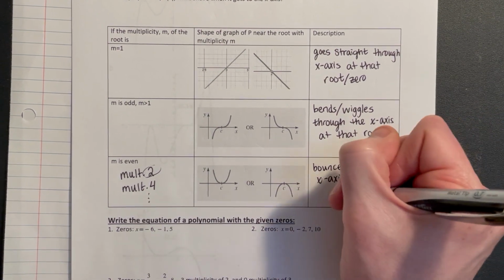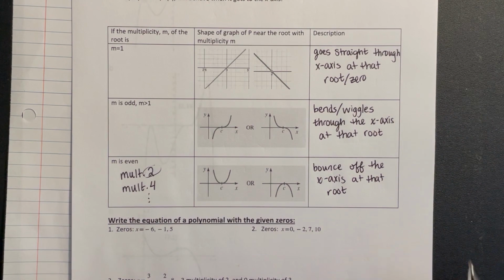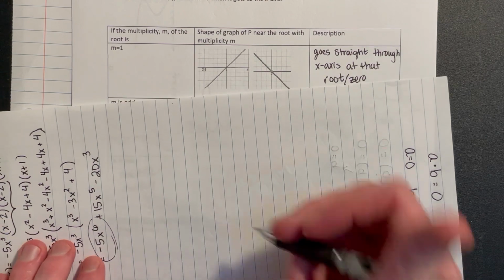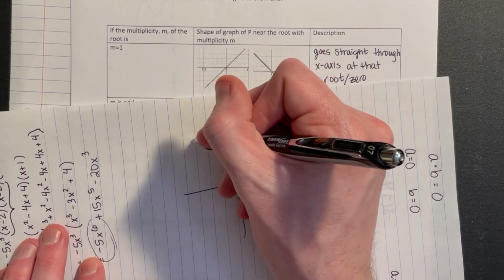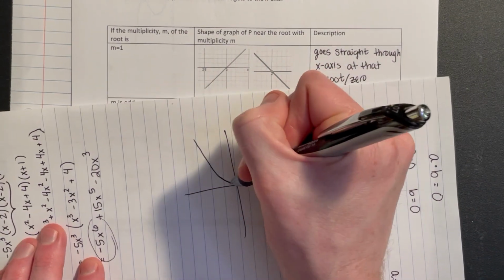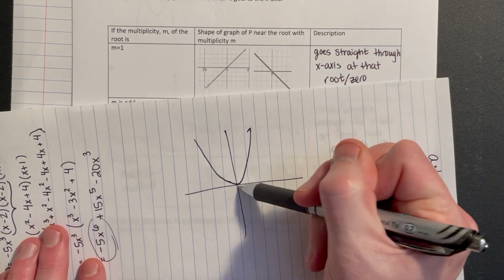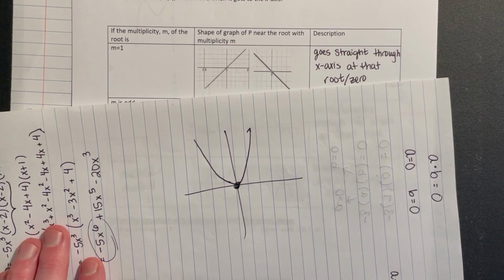Just like a quadratic function does, the parent function of a quadratic would bounce off the x-axis automatically. So we know this quadratic hits the x-axis, goes right back up. It's going to bounce right there at (0, 0).